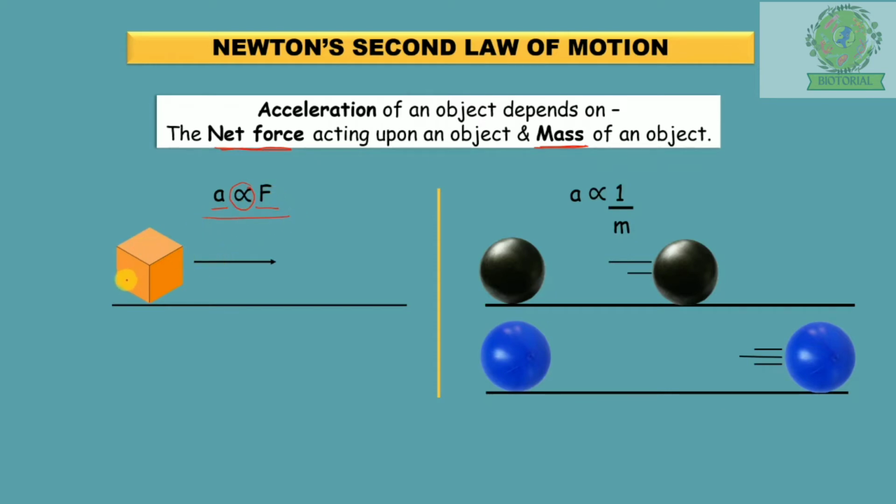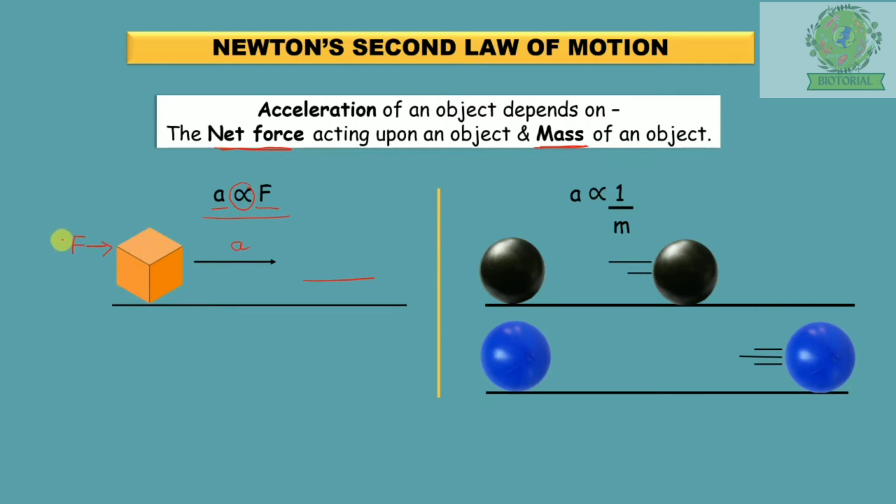We have this cube kept somewhere and it is not moving. It is at rest. Now if I apply some amount of force in this direction, then this cube will shift to this place, and it will achieve some amount of acceleration also.